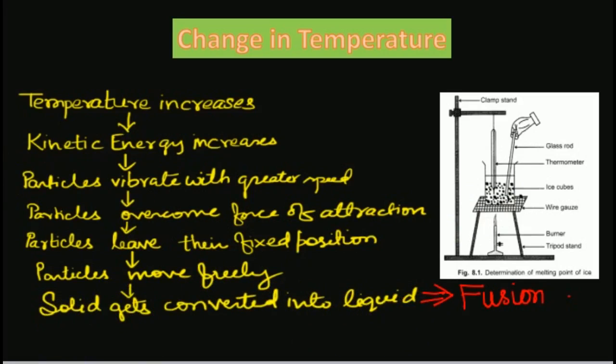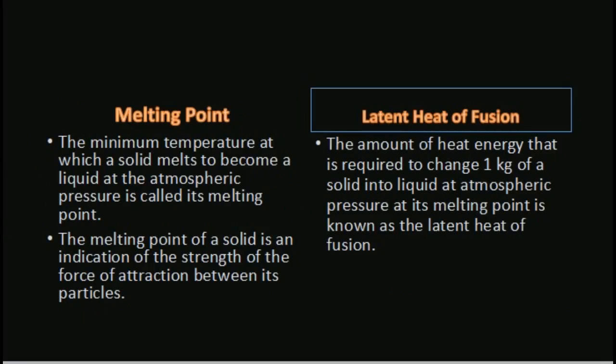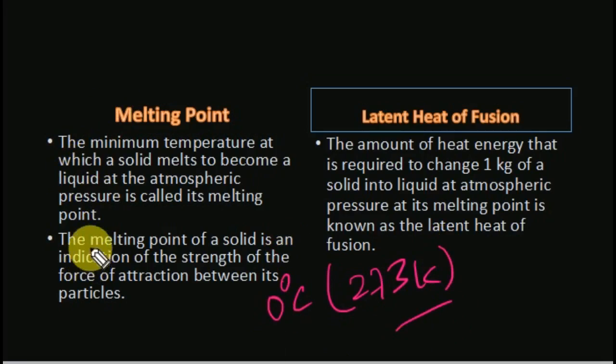As we know, water starts to melt at 0 degrees Celsius, or 273 Kelvin. This melting point also shows the strength of the force of attraction between the particles of the solid, because solid starts melting to liquid at atmospheric pressure.